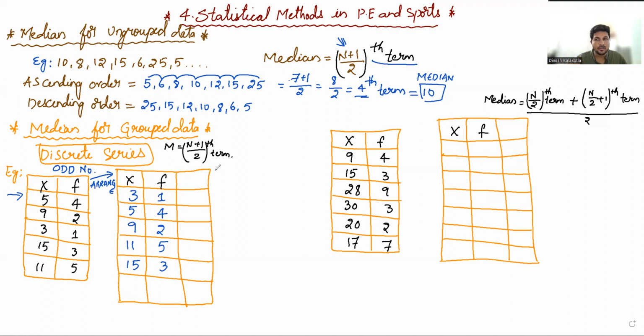We are adding a new column here for grouped data, discrete series, to find out the median, which is nothing but cumulative frequency, CF. Let me write it down, otherwise you get confused. CF is nothing but cumulative frequency.